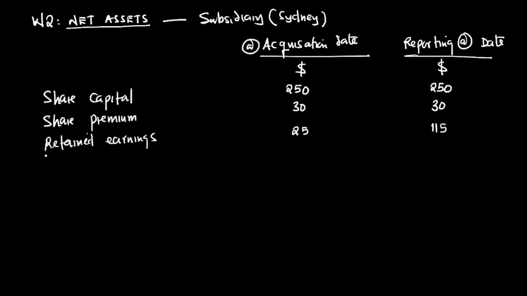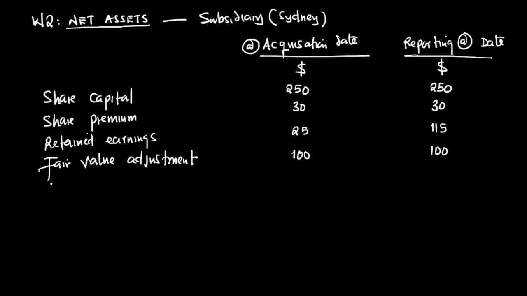Okay. Now there is another adjustment there, which we call the fair value adjustment. I'll show you where the figure is coming from. Fair value adjustment. Date of acquisition 100. Reporting the same amount, 100.